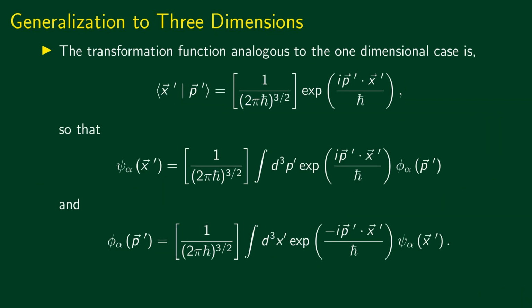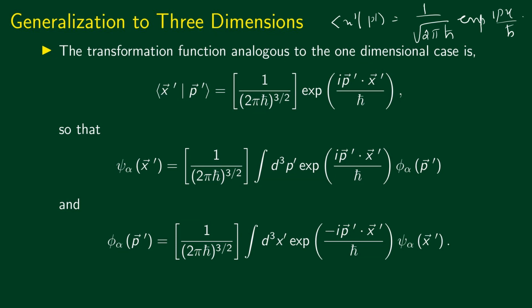We also looked at the transformation functions in the one-dimensional case, the transformation functions that take you from the position space to the momentum space, or momentum space to the position space. These transformation functions are given by, again, in the one-dimensional case, bra x prime ket p prime is equal to 1 by square root of 2 pi h bar exponential ipx divided by h bar.